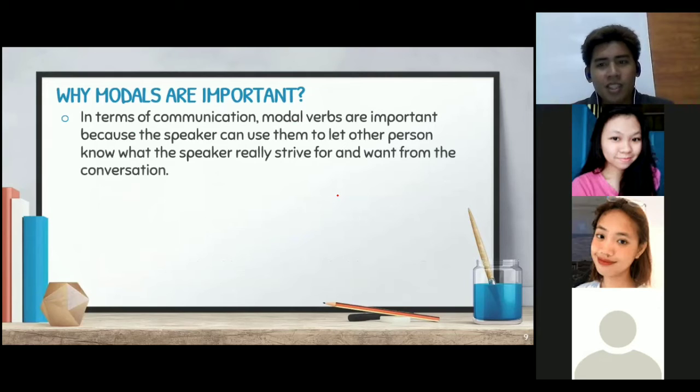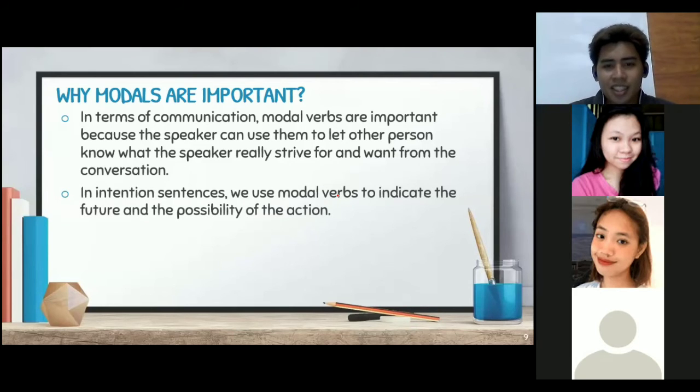So in communicating or in socializing, modal verbs are important because the speaker can relay the emotion to other people, whether you are declaring, you're requesting, or you are giving an order or offer to the one who you talk to.